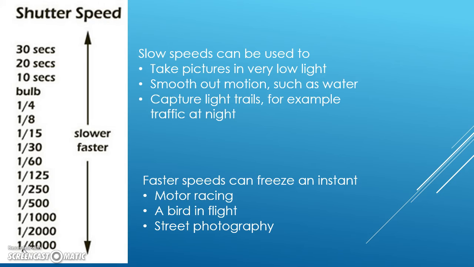And also another common reason why you'd use a slow shutter speed is for light trails at night. So taking a picture of traffic or a starscape, and you can actually capture the motion. A very fast shutter speed, well, things like motorsport, capturing a moment, street photography, or even perhaps wedding photography, and wildlife as well. Anything where you need to freeze frame a moment.